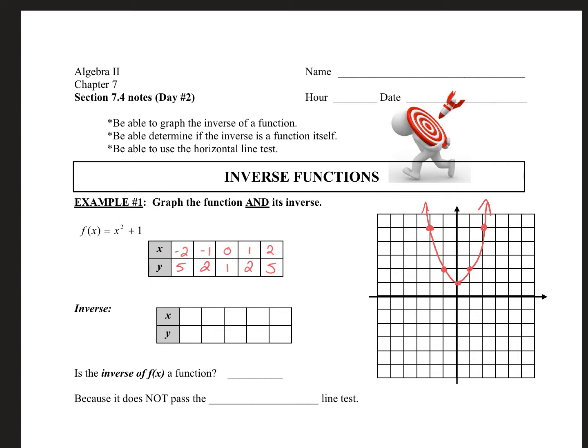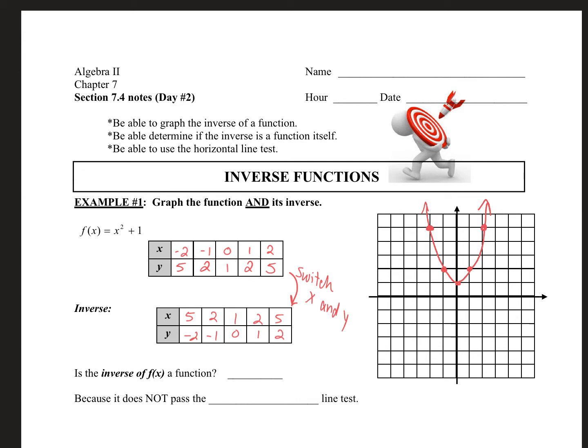Okay, and remember, when we're going from our original function to an inverse, we're just going to switch the x and y. Okay, so basically I'm flopping those rows. So I'm going to have 5, 2, 1, 2, 5 in that first row. And in the second row, I'll have -2, -1, 0, 1, and 2.